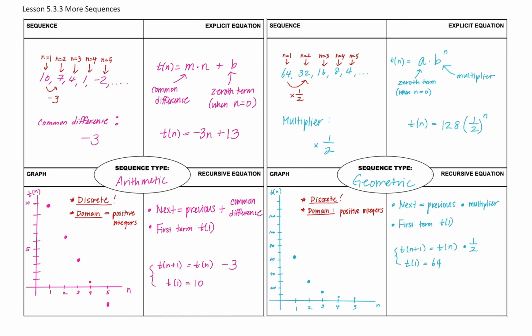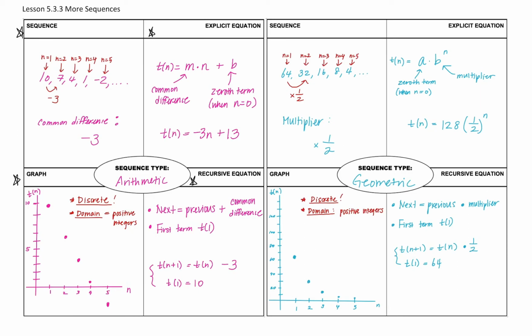Start with the arithmetic and copy this Frayer model in your notebook, starting with the sequence, then the explicit equation, then the graph, and then the recursive equation. As you're copying down the notes, you're reviewing this concept again. So that's optional for you if you would like to do that.